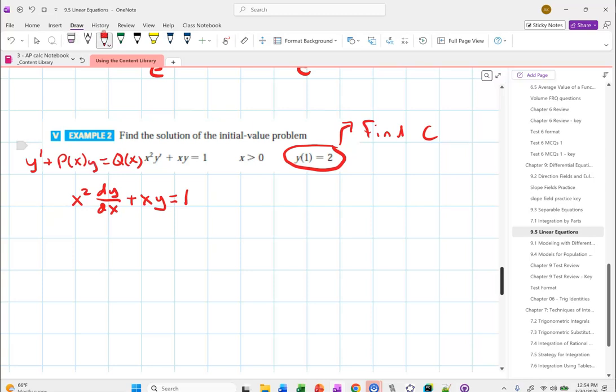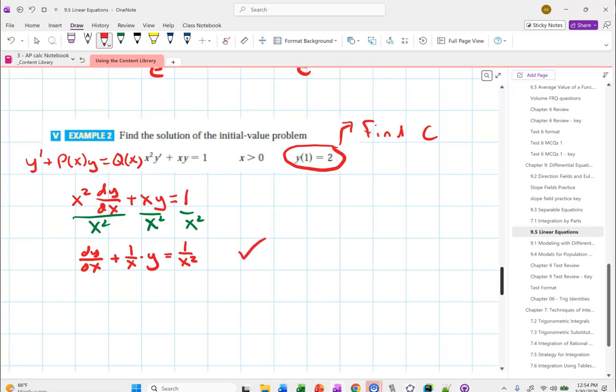And I can tell right away because the derivative of y isn't by itself. So I'm going to start just by dividing everything by x squared. And now I'm in the linear form.